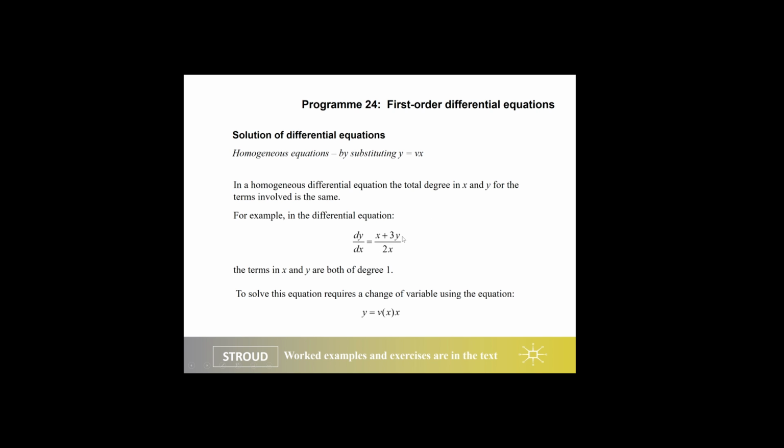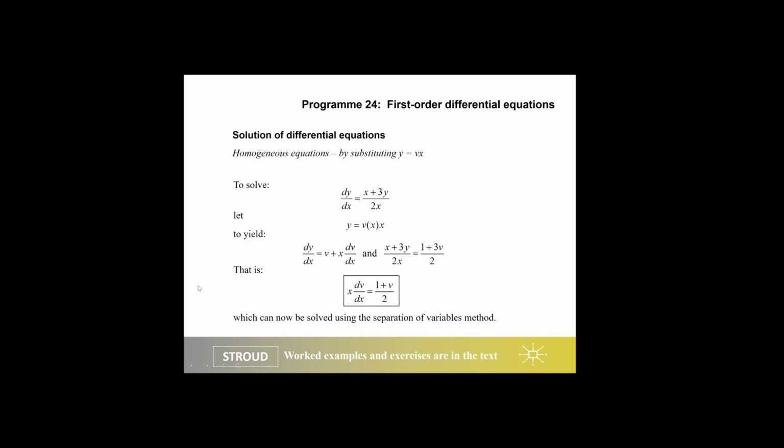Then we replace every y over x term with v. They didn't actually skip the step. If y is equal to vx, they have v of x here, just showing that v is itself a function of x, but we would just use vx. You don't have to put this x in the bracket all the time.